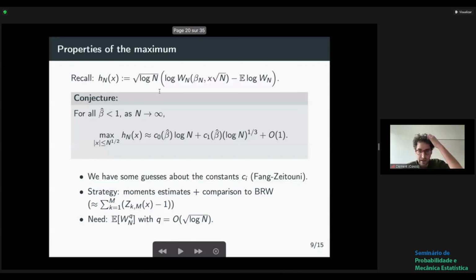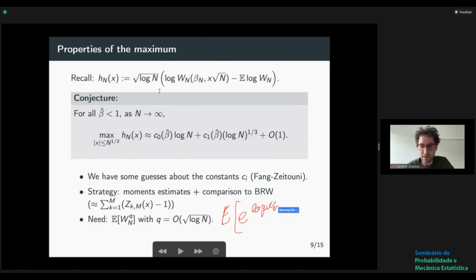Okay, and the problem, as I mentioned a few times, is that the Wn are not Gaussian. The log of the Wn are not Gaussian. So to understand how Gaussian they are, we need to compute exponential moments of the log of Wn.